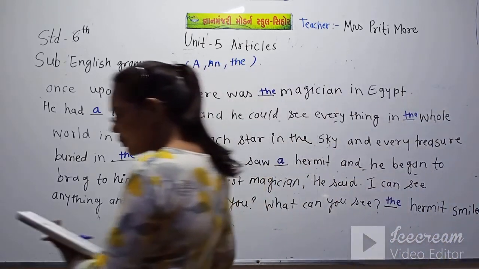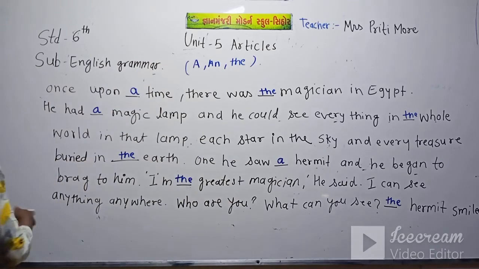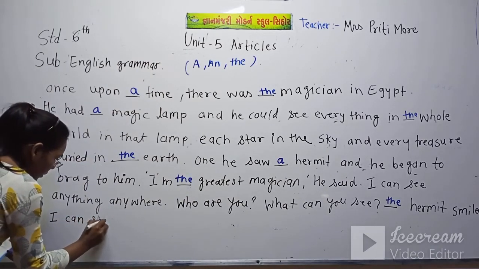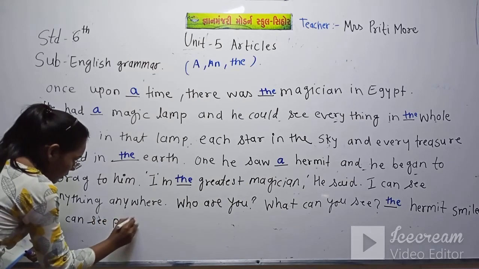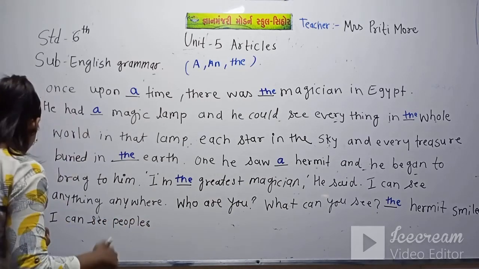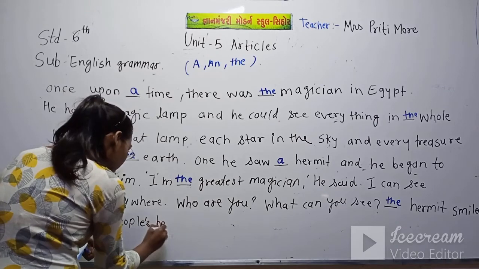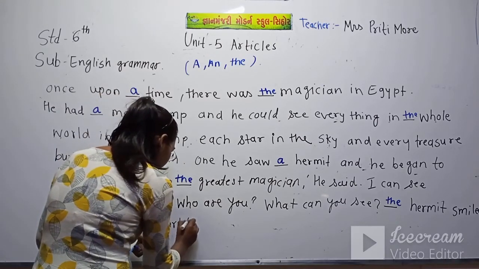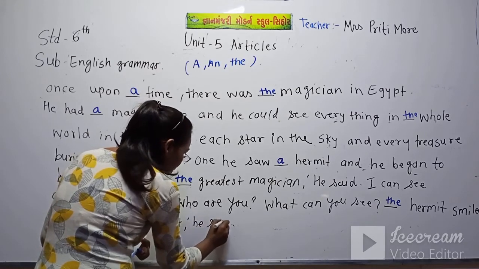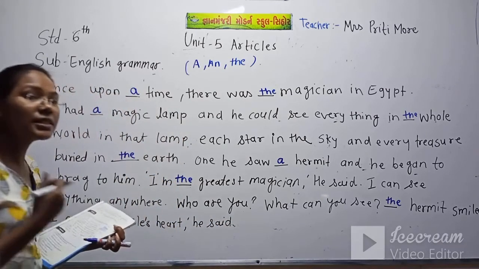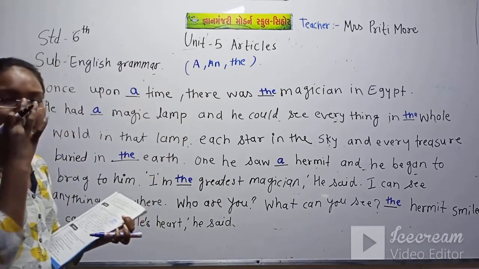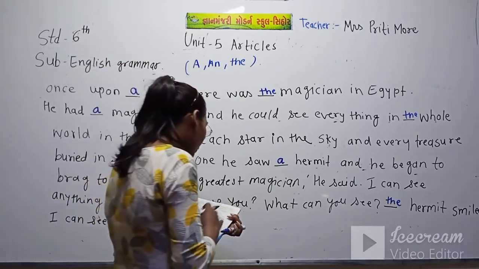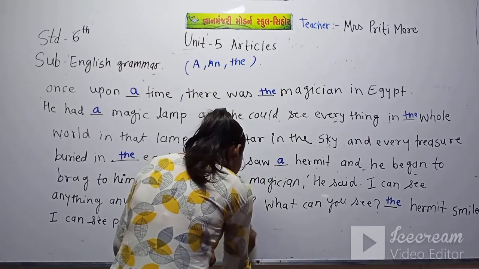I can see people's hearts, he said. Now what did the magician say? I can see the people's hearts. That means what the people are thinking. He can see that.